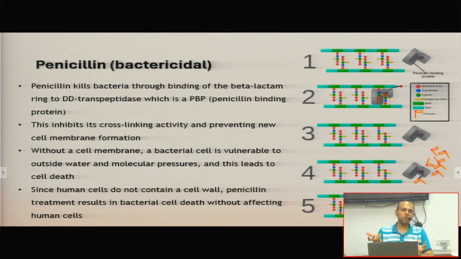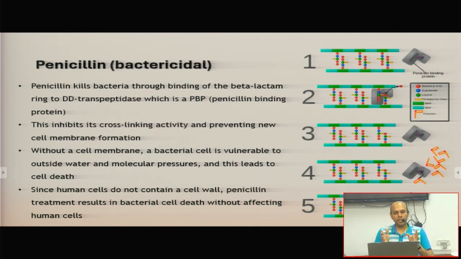If you don't have a solid construction, you know what is going to happen to the building. It is going to collapse without doubt. The same thing happens here. When the cell is vulnerable to the water molecules, and the pressures are different inside and outside the cell, it will lead to the death of the cell.